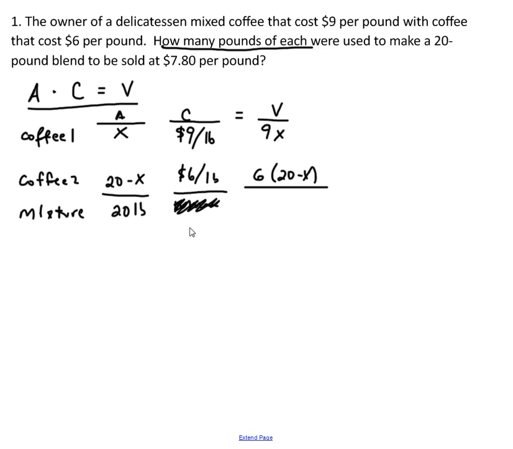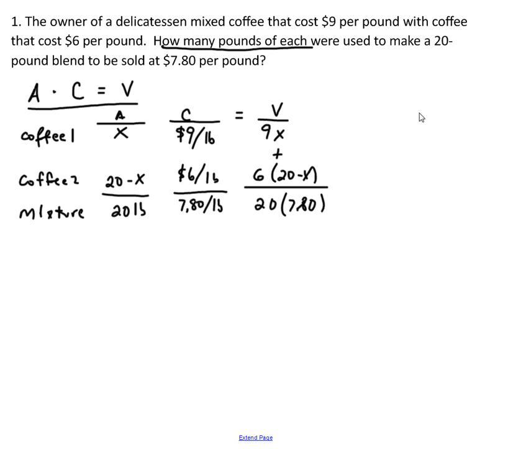We know that the mixture itself is going to be $7.80 per pound. So that means we're going to take a total of 20 times 7.80. Just like before, we're going to take the total value of coffee number 1, add it to the total value of coffee number 2, and get our total value of 20 times 7.80.